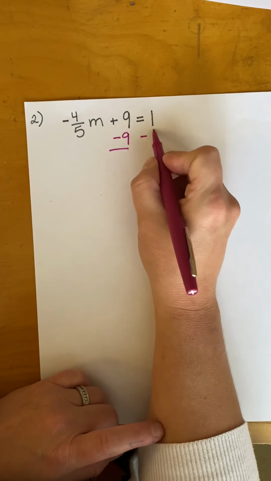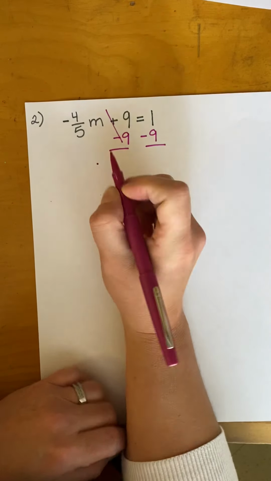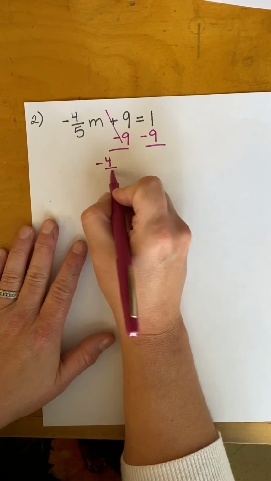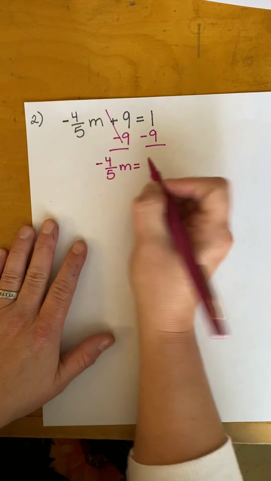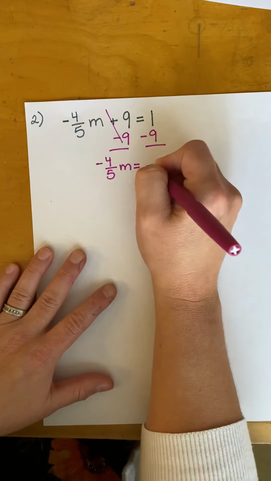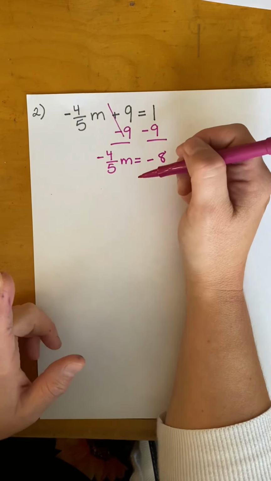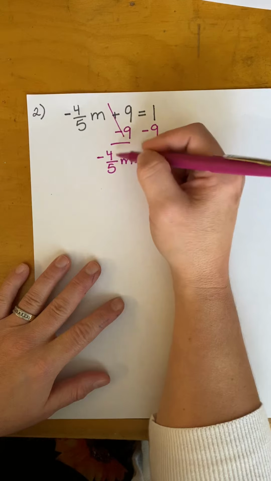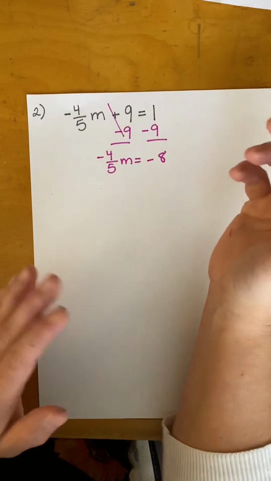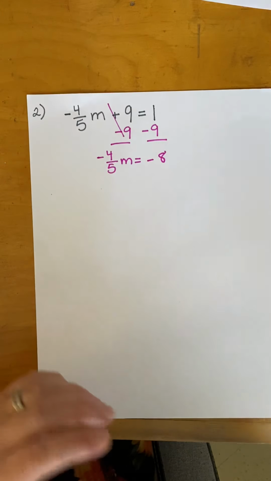Remember, whatever you do to one side, you must do to the other. That'll cancel out. Bring this straight down. So I have negative 4/5 m equals, and then 1 minus 9. If I only have 1 and I take 9 away, I'm going to be in the whole 8, right? That'll be negative 8. Now, we talked about this in the one-step equations. To get rid of a fraction beside a variable, you have to multiply by its, who knows the answer?